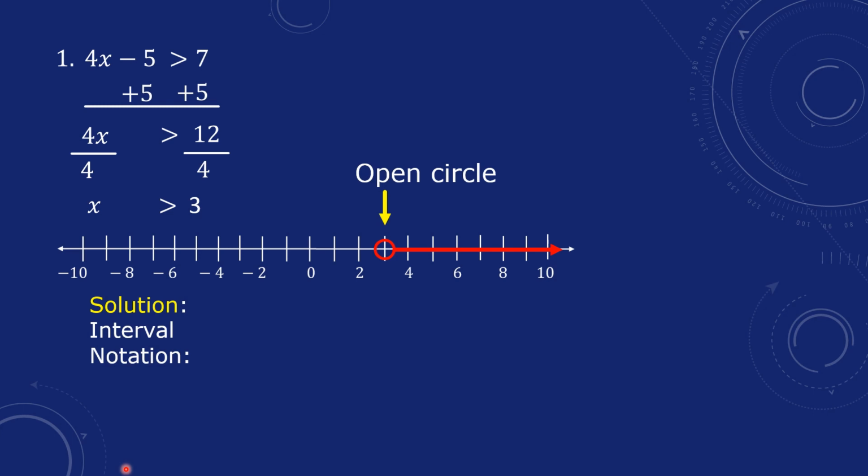The solution in interval notation is parenthesis 3, comma, positive infinity, and then parenthesis. This parenthesis means 3 is not a value of x. And this parenthesis is always used for positive infinity.